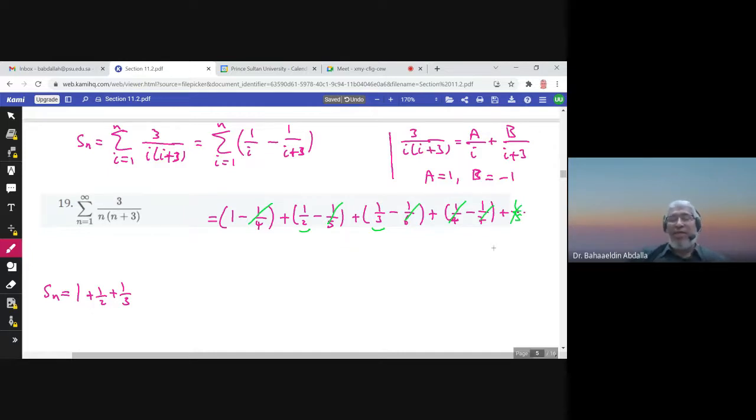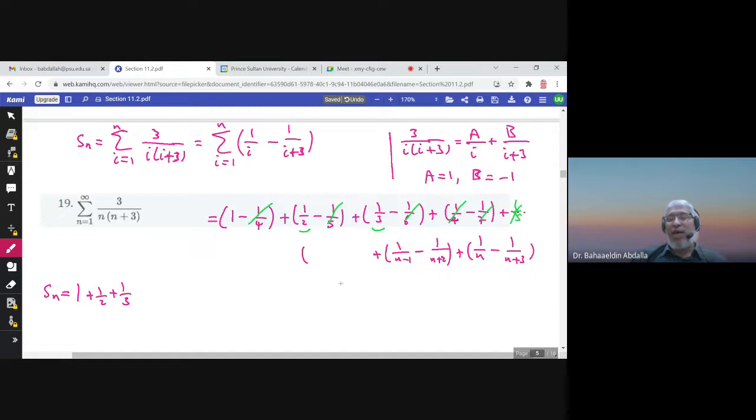Now at the end, when I put I equal n, I'll have 1 over n minus 1 over n plus 3. When I put I equal n minus 1, I'll have n minus 1, and here minus 1 plus 3, so plus 2.